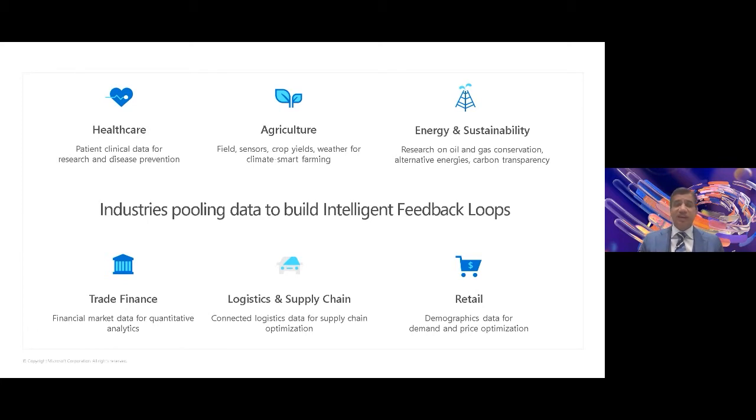We see this cut across all different kinds of industries, from healthcare, agriculture, energy and sustainability, retail, etc. Quite recently, I was working with one such customer in the retail sector where they're working with all the suppliers upstream and also through the specific brands that are putting the merchandise in the retail stores to pool all of that information together in a safe, secure manner that also protects the individual user's privacy, to be able to use that demographic data for demand and price optimization. And that's just one example.